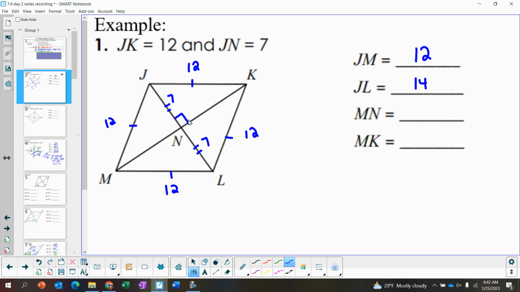MN, now here's one we don't know, but if I created a right triangle with my right angle, then I know that I have something 7 and 12, and 12 is my hypotenuse, so that's the C value. So we would have x squared plus 7 squared equals 12 squared for our Pythagorean theorem.